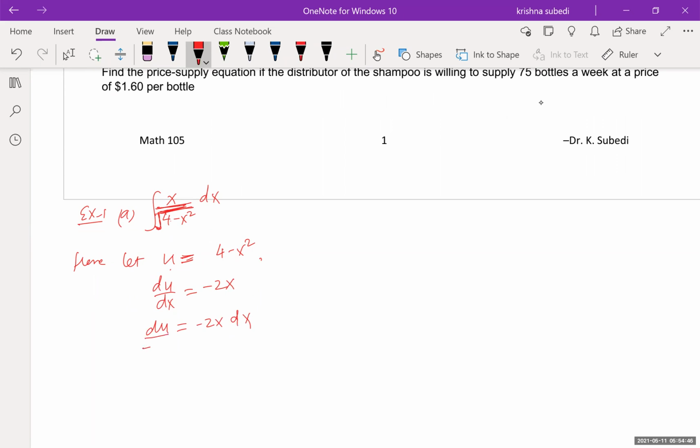Notice here on the top part we have x dx. So we can actually substitute this value. I don't want that minus 2 there, so that I can replace x dx by negative du over 2.